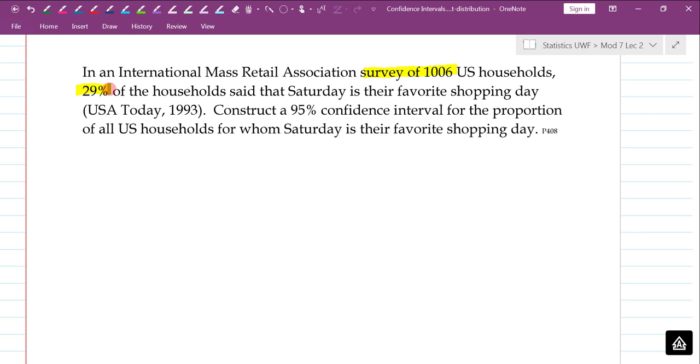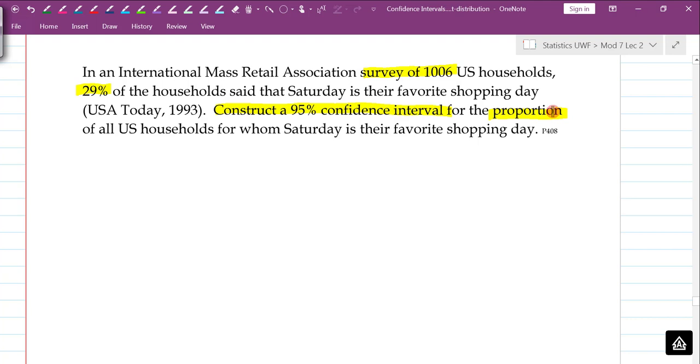And then if you said another day than Saturday, then that would be in essence a failure. Okay, and so that would be how we would determine how many people actually said yes on Saturday being their favorite shopping day. Construct a 95% confidence interval for the proportion of all U.S. households for whom Saturday is their favorite shopping day.